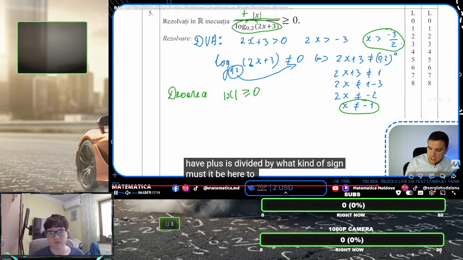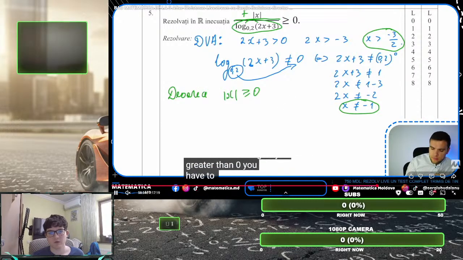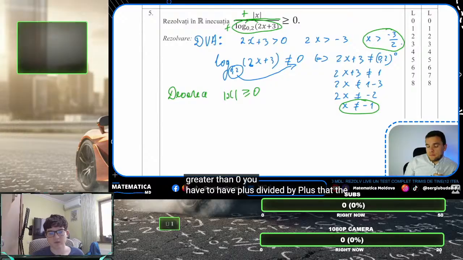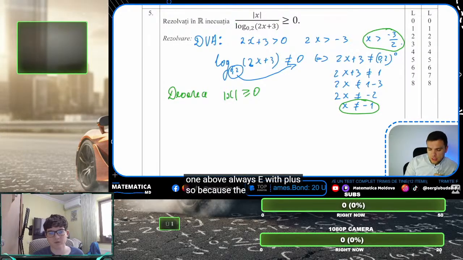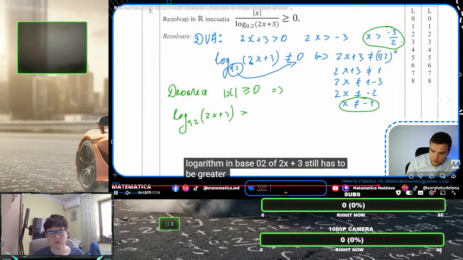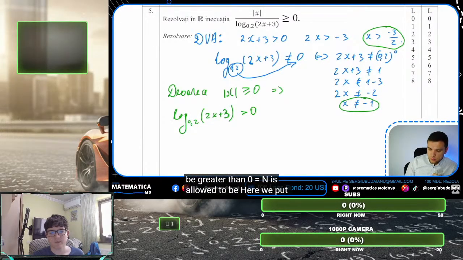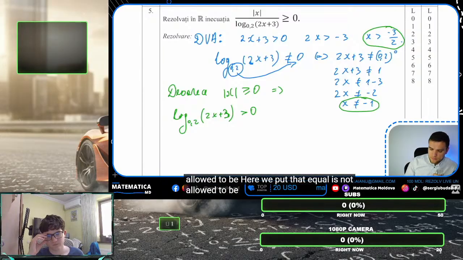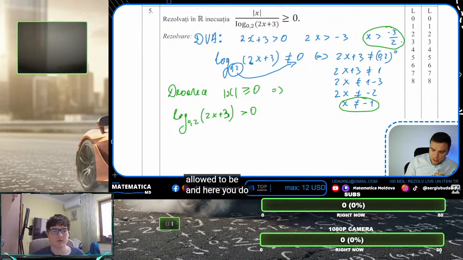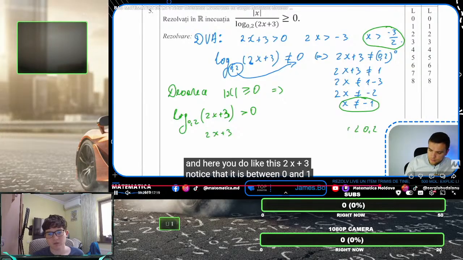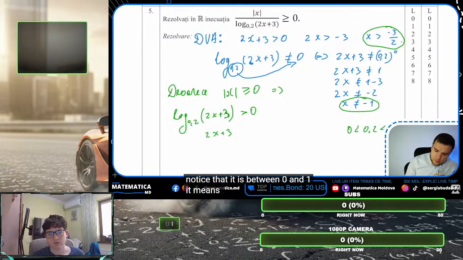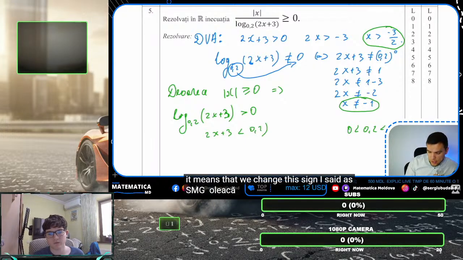Just explaining some stuff here. Modulo of x, of course, is gonna be always bigger than or equal to 0, because if it's minus, it just gets converted to plus. 0 is smaller than 0.2 and stuff like that.